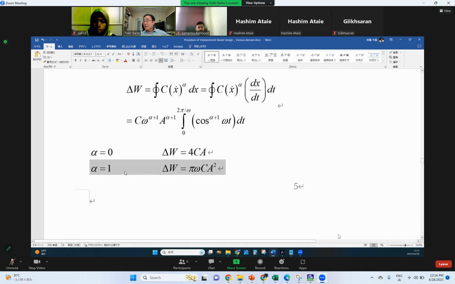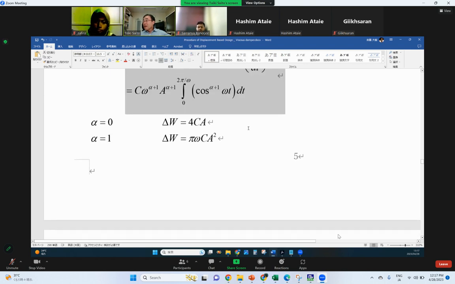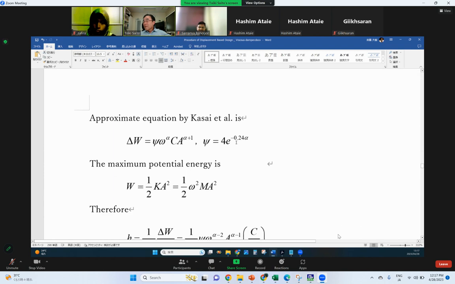But if alpha is 3, 4, 5, in general, it's not so easy to integrate this function. Professor Kasai proposed a simple formula, this one, with phi being 4 under the exponential function and a power of minus 0.24 alpha.